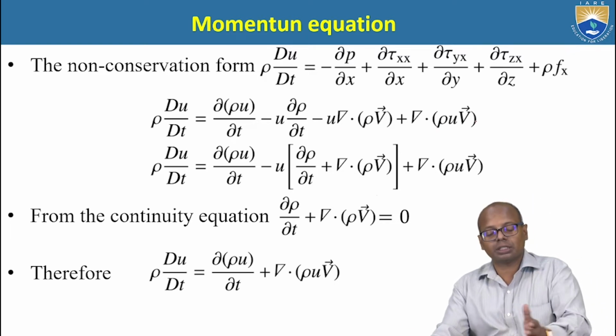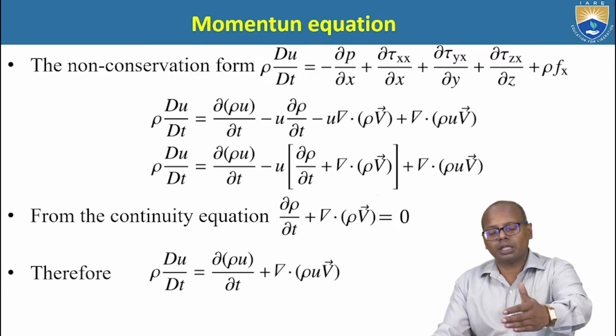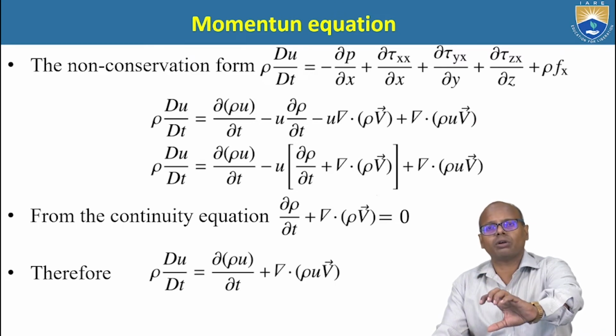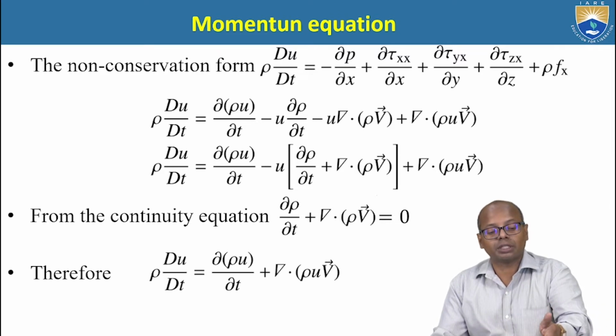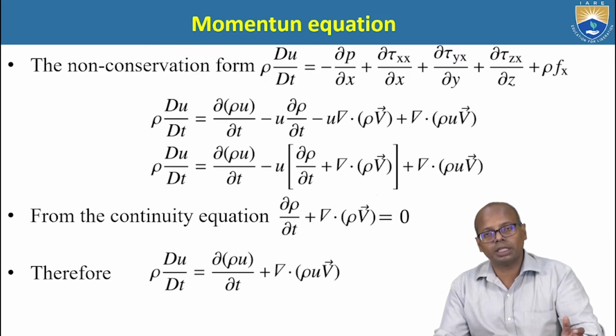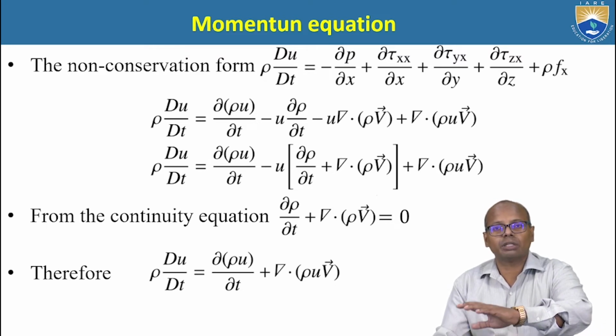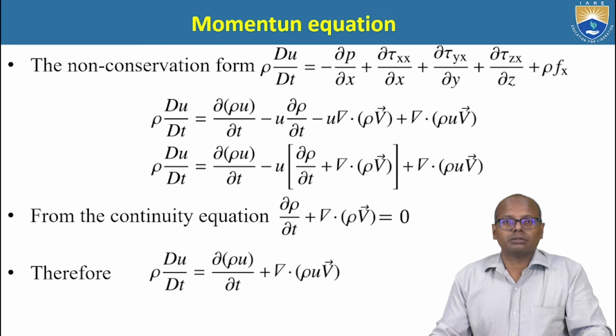I did not do anything; I have just substituted. I got two equivalents for the terms in the substantial derivative Du/Dt, and I substituted those two equivalents into the expansion of the substantial derivative.